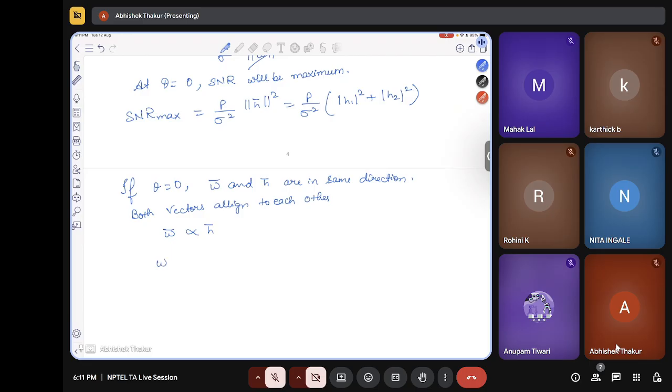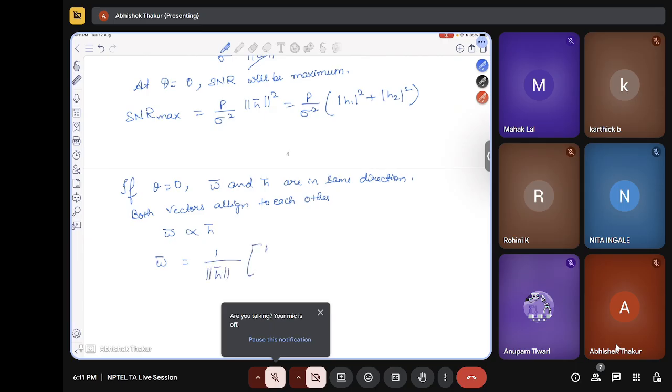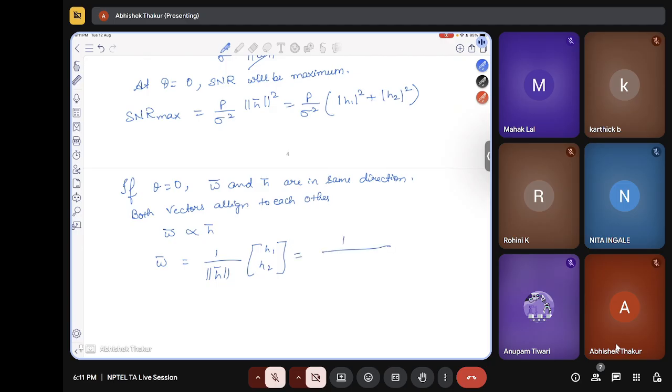So how can we write W bar? If it is in the same direction, it will be the vector in the direction of the channel vector. So we can write it like this. So this is our W bar.